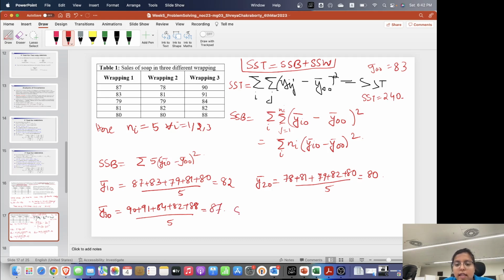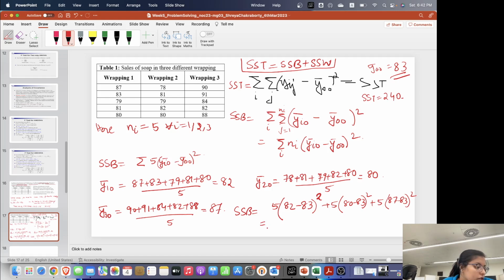Okay, then SSB equals 5 into (82 minus 83) whole square, where y naught naught bar was 83, plus 5 into (80 minus 83) whole square plus 5 into (87 minus 83) whole square.